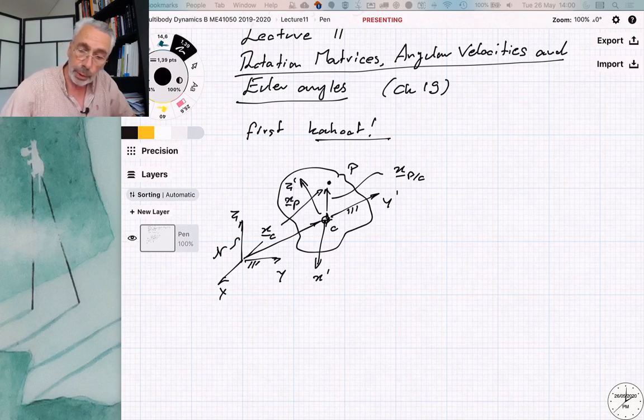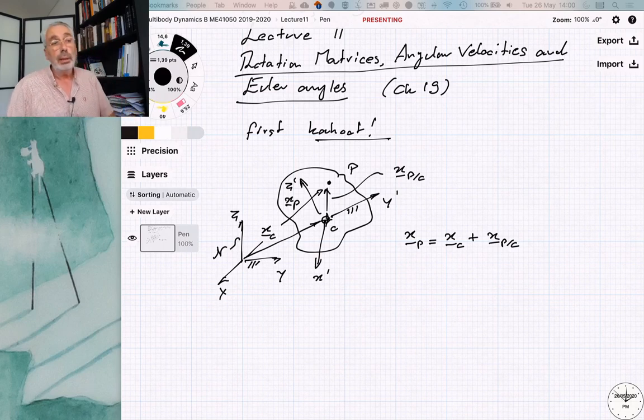Or in other words, to get to P, we first travel to the center of mass, and then we travel from the center of mass to point P. Now this is all vectors, and that is valid in any representation, any coordinate system.